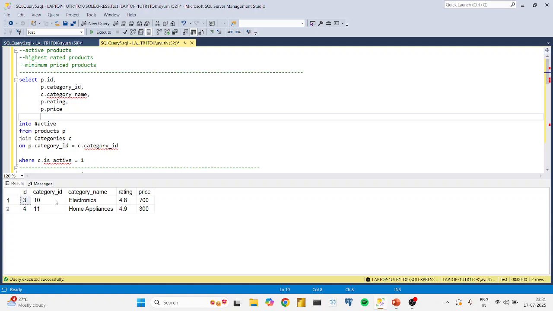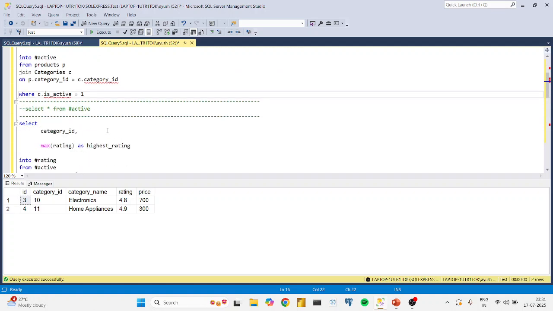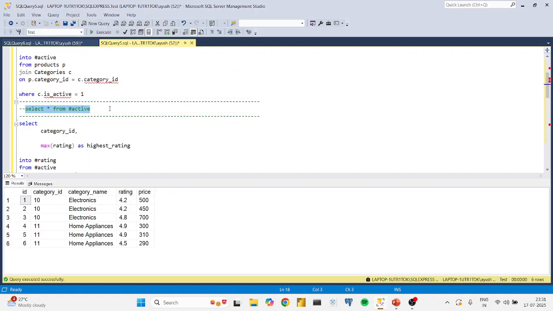So, for example, let's look at this table. How are we going to partition it? If you say I'm going to partition it by the category ID, then this will be row number 1, this will be row number 2, and this will be row number 3. And since we have partitioned it by the category, this is now a new category 11. So this will be 1 again, this will be 2, and this will be 3 again.